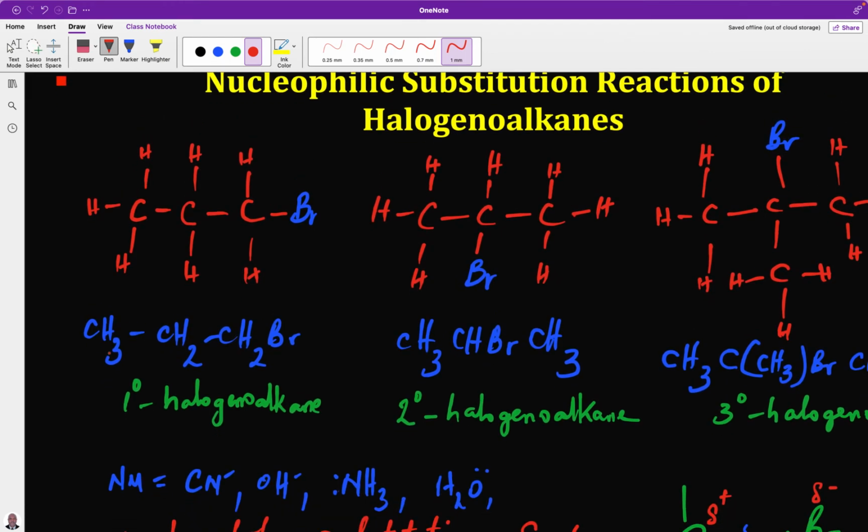A tertiary halogenoalkane is when the carbon atom holding the halogen has 3 other alkyl groups. In this case, there are 3 methyl groups attached to the carbon holding the bromine. So this compound is a tertiary halogenoalkane, and it will undergo an SN1 mechanism that we are going to discuss.